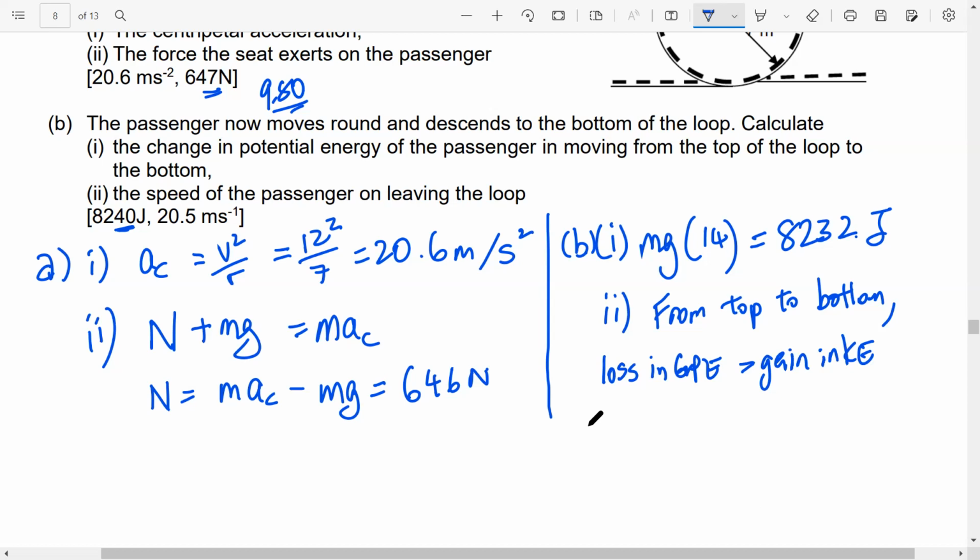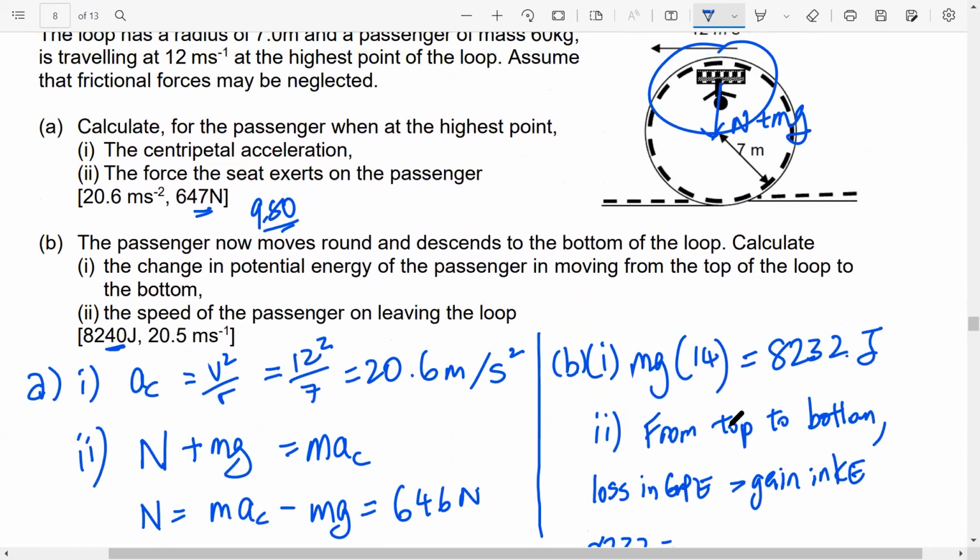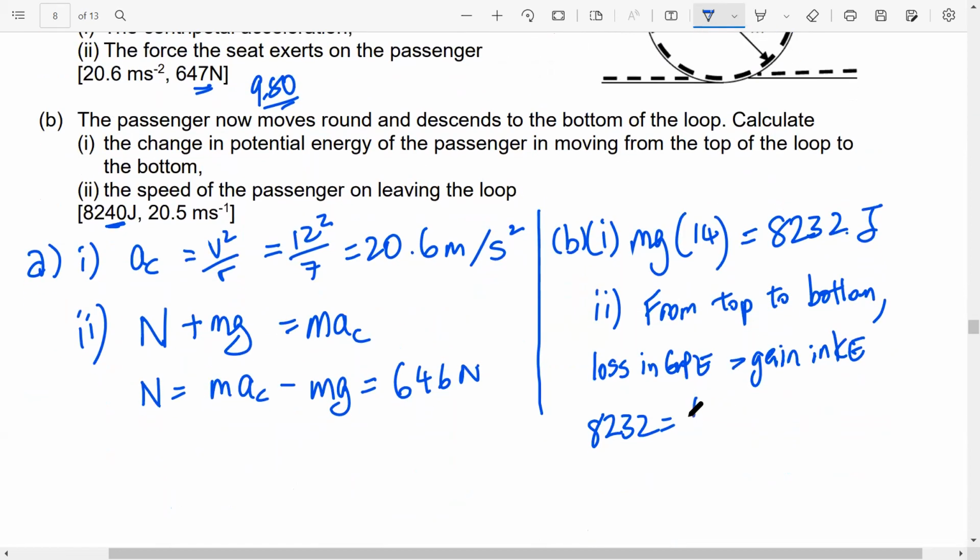Loss in GPE is 8232. Gain will be the final KE minus the initial KE. They gave 12, so half times 60 times v squared minus 12 squared, because the final is larger than the initial.